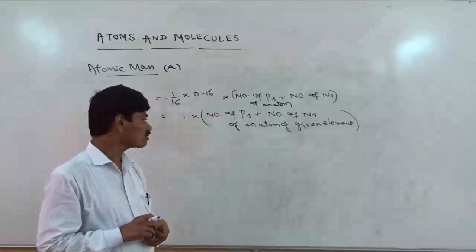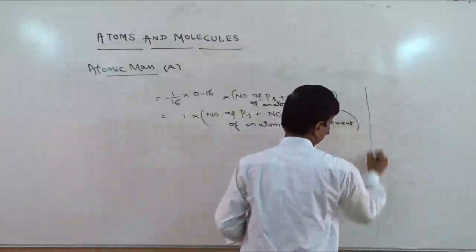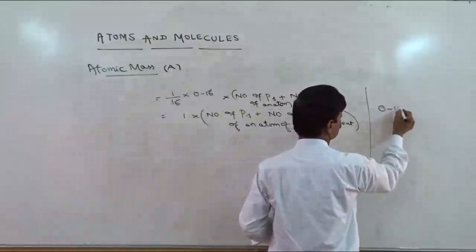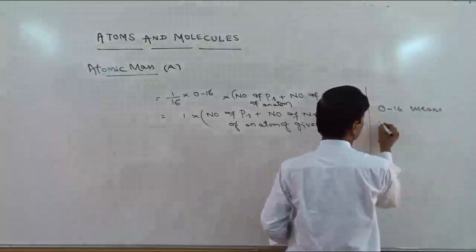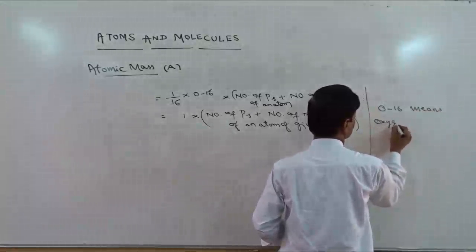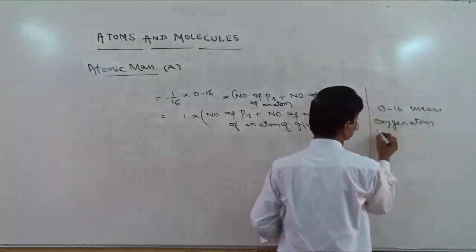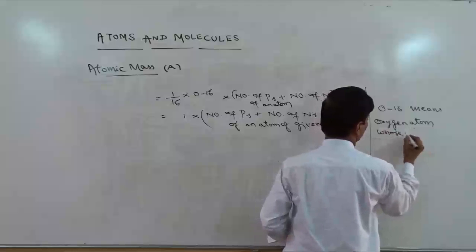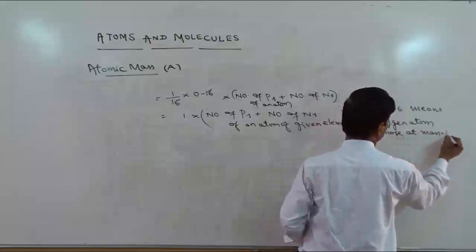That was one of the reasons why oxygen was taken. So here, children, O16 means the oxygen atom whose atomic mass is equal to 16.